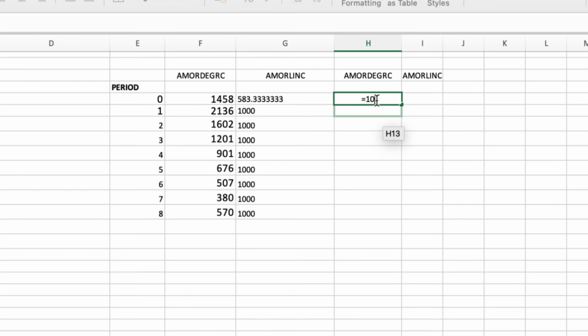Here the original value we entered is 10,000 minus this, 10,000 minus this. For the next first period, it is this minus this.